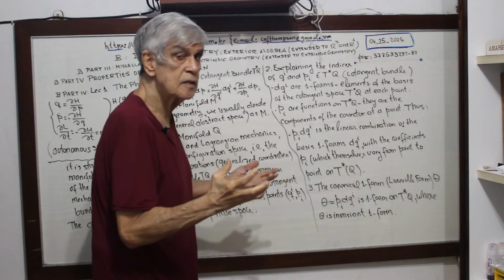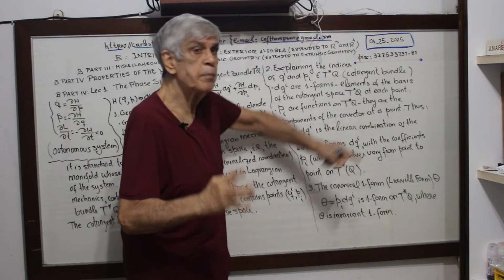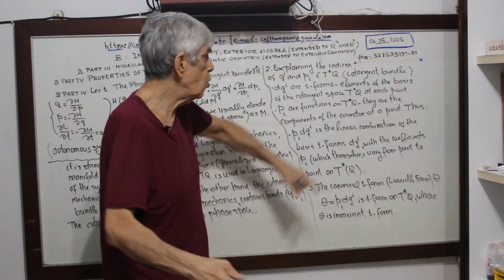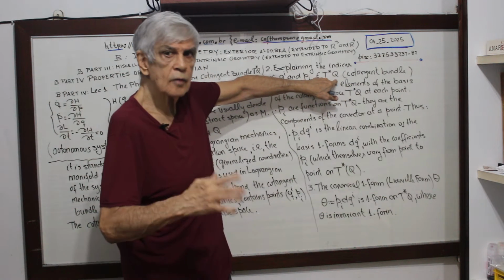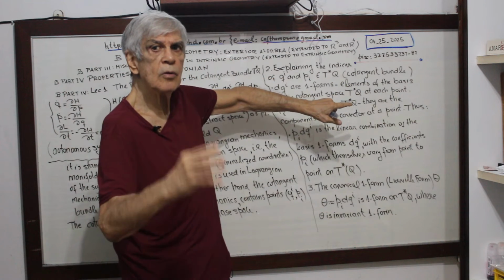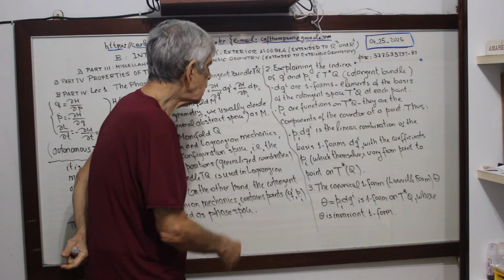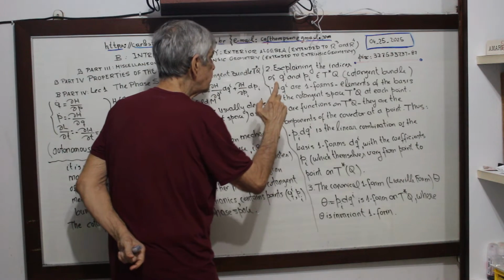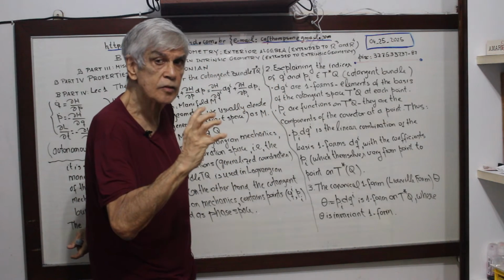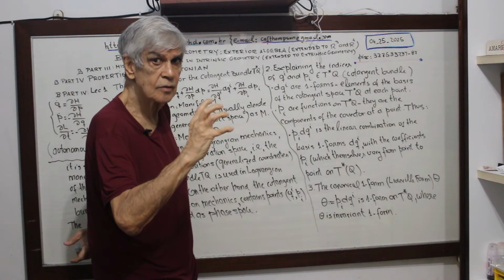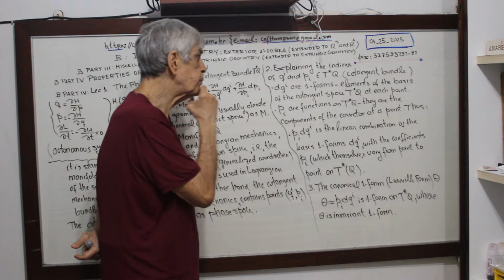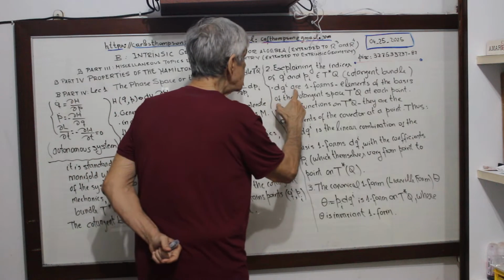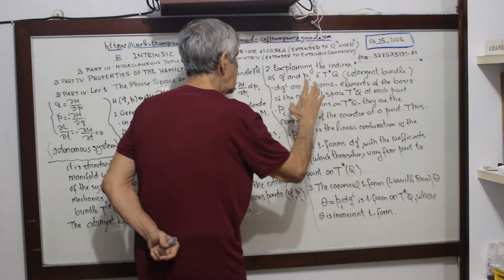Bundle means many points on this manifold Q, as in tangent bundle and cotangent bundle. Now, dq^i are a basis of the cotangent bundle, so dq^i is a one-form.